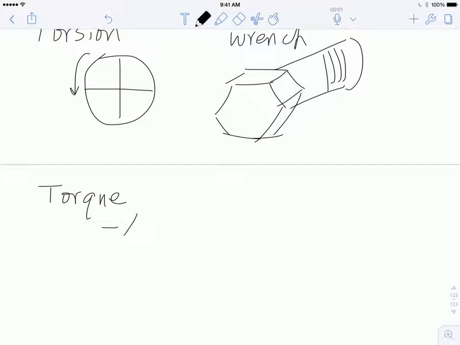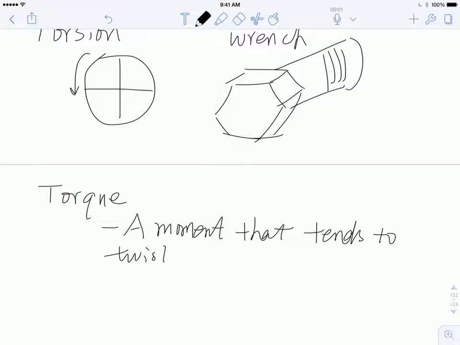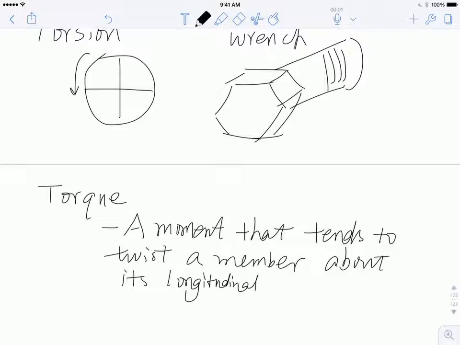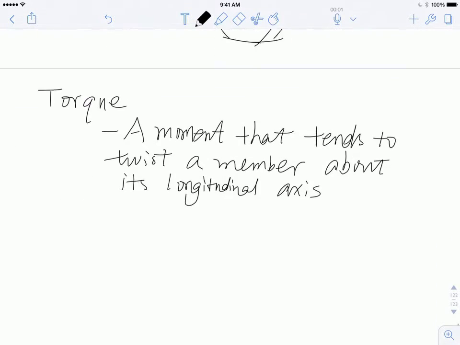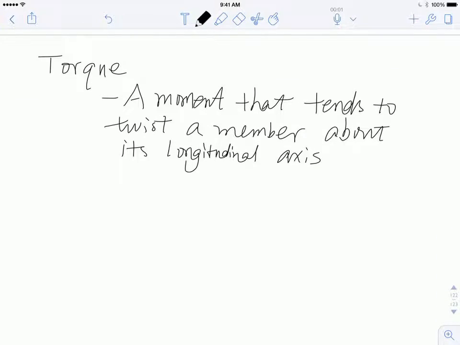Torque is defined as a moment that tends to twist a member about its longitudinal axis. So it's causing a member to twist about its longitudinal axis.